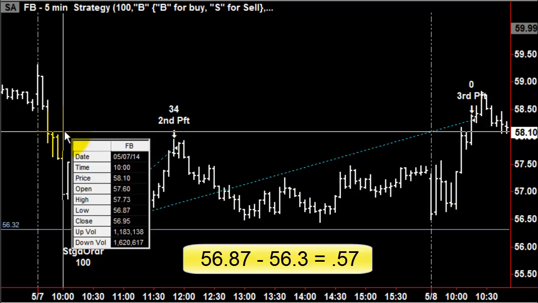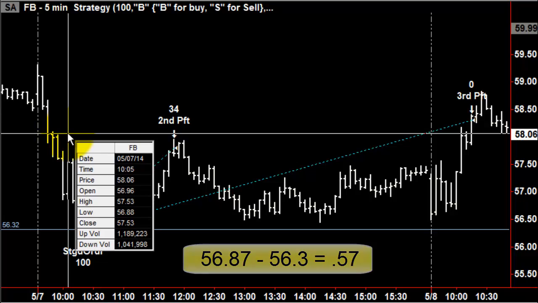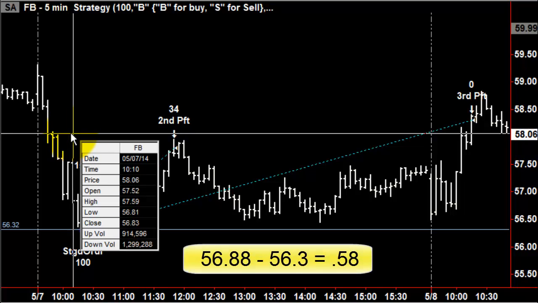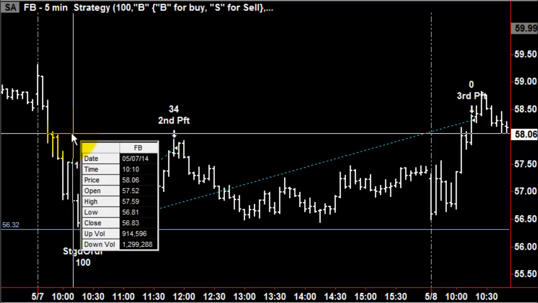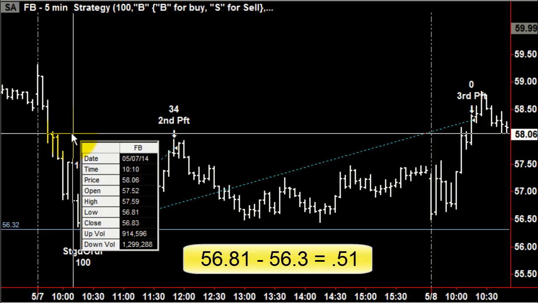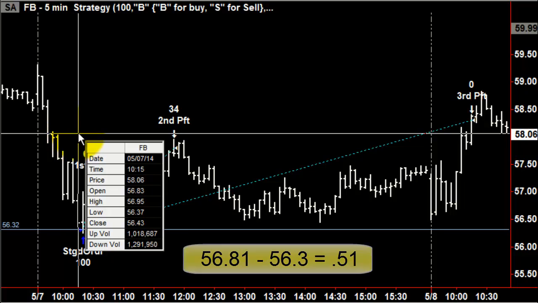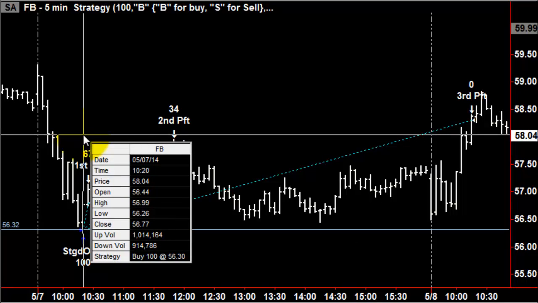It's not yet within 0.5 of our entry price, so it doesn't place the order. This one has a low of 56.88, still too high. 56.81, still too high. Low of 56.37, it finally places the order for the next bar, and we do get filled on the next bar, and we buy our 100 shares.